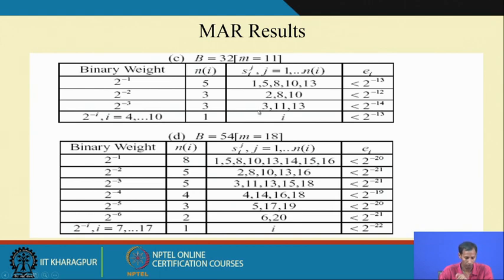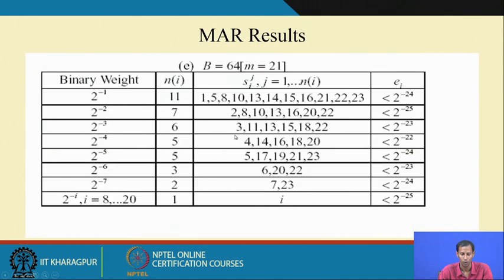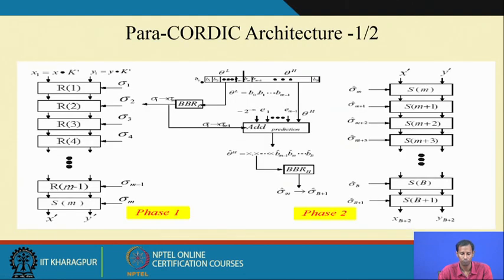So, if I run that in parallel, then the corresponding values of the sign are calculated based on the algorithm or the flow chart which we have already mentioned over here. Okay. So, this is the architecture based on that particular algorithm.